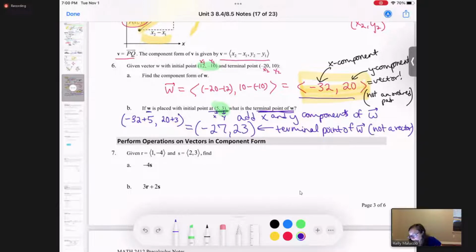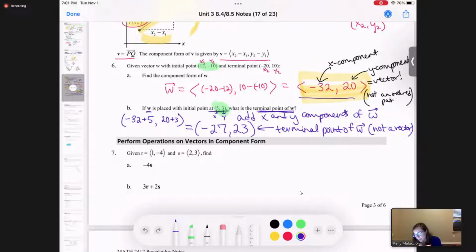So hopefully, this is kind of what we're looking at. You'll get more used to it probably once you do some homework problems with it. And then number 7 here is performing operations. I do think this isn't so bad, because it maybe is a little different than your standard operations on different things, but it is just multiplying and or adding different components, right?